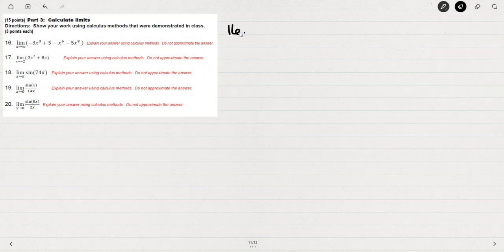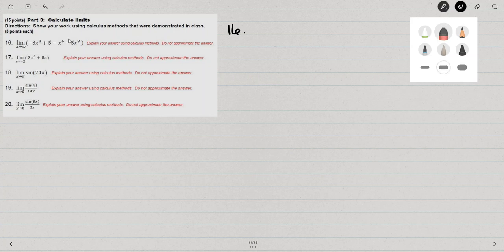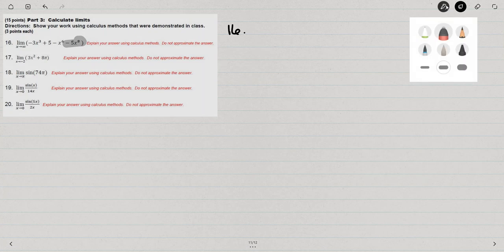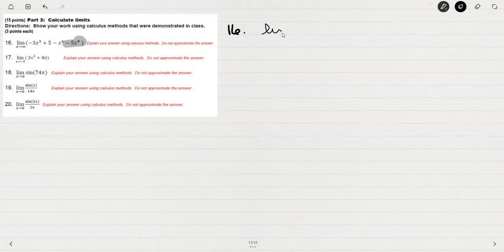For number 16, we have a polynomial, and so if you recall, the process here is to find the lead term. The lead term is the negative 5x to the 8th. So the limit of this whole polynomial as x approaches infinity is equivalent to the limit of negative 5x to the 8th as x approaches infinity.